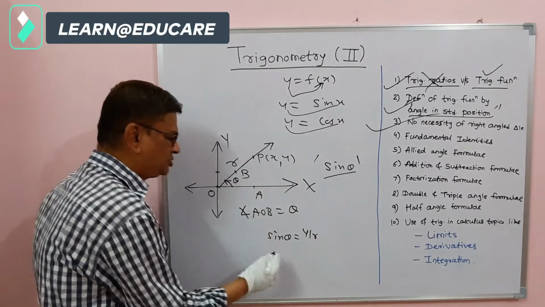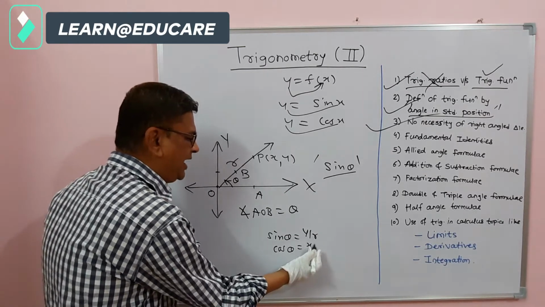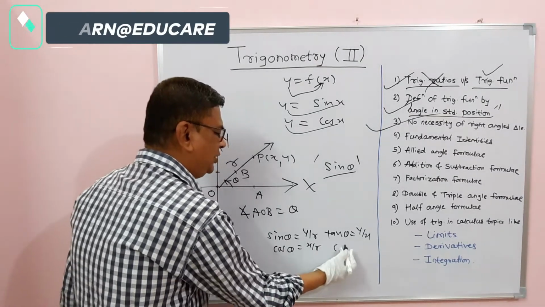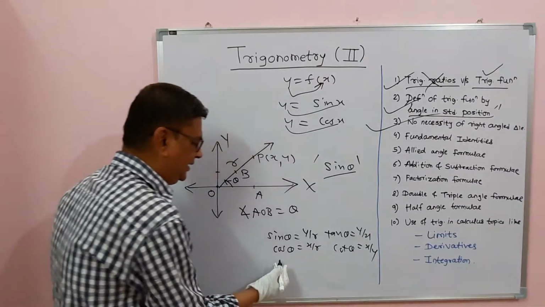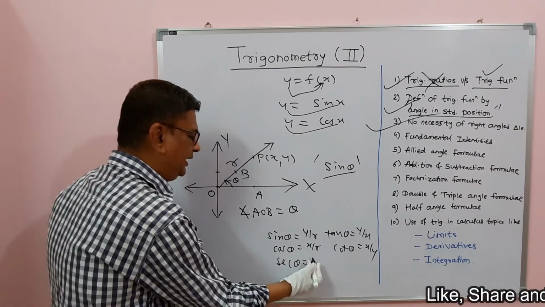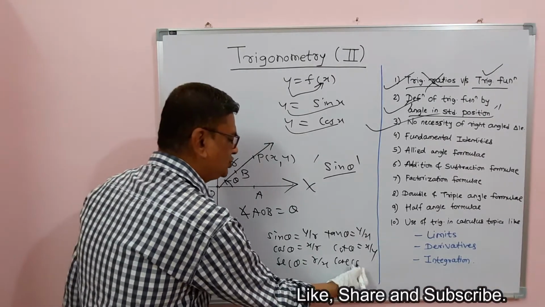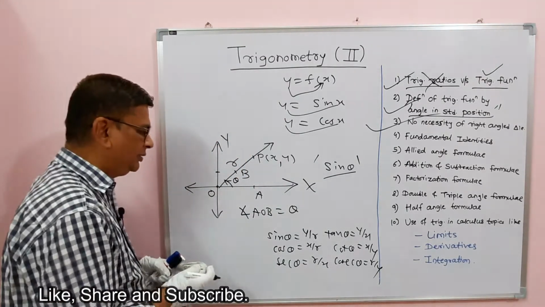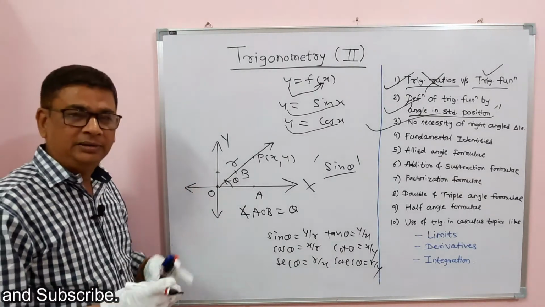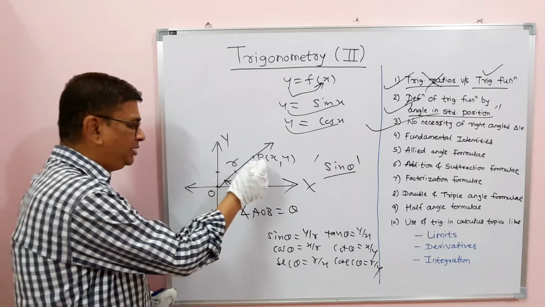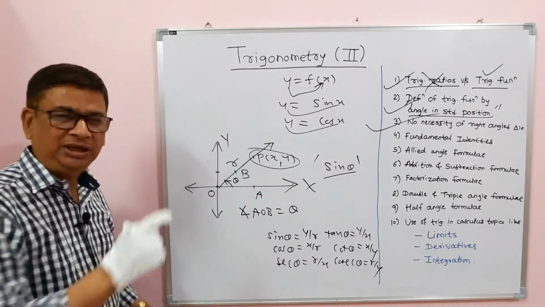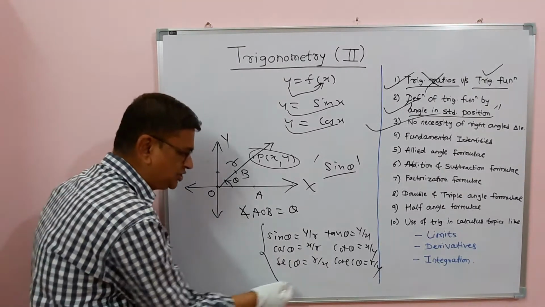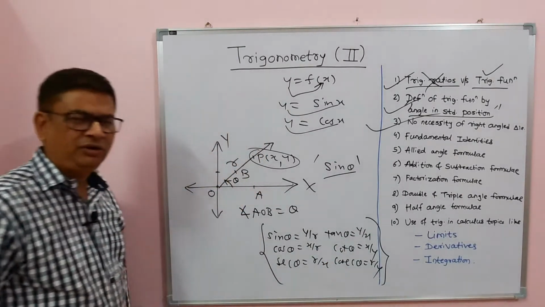Sine theta is y upon r, cos theta is x upon r, tan theta is y upon x, cot theta is x upon y, sec theta is r upon x, and cosec theta is r upon y. So by considering an angle in standard position and any point on the terminal arm, with distance OP as r, we have such definitions for every trigonometric ratio.